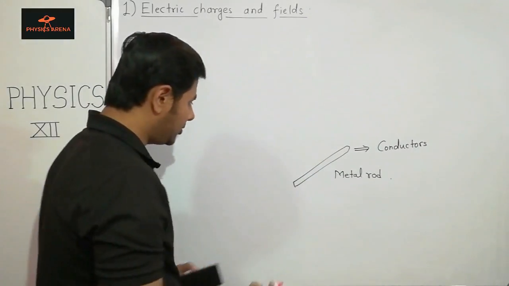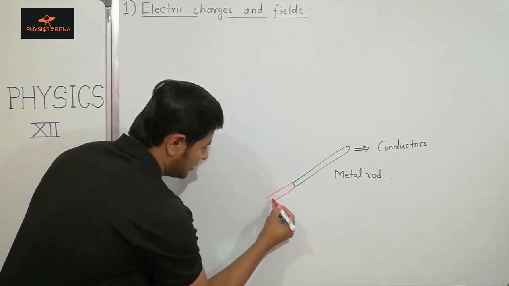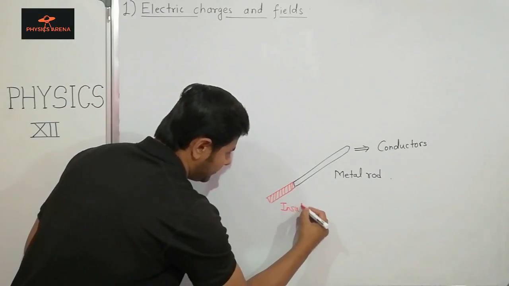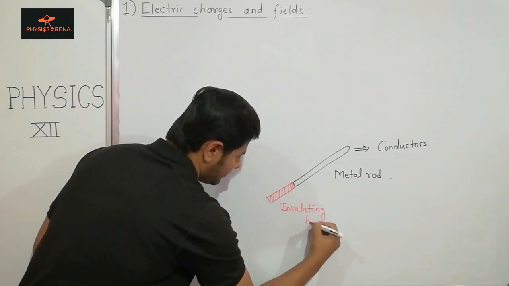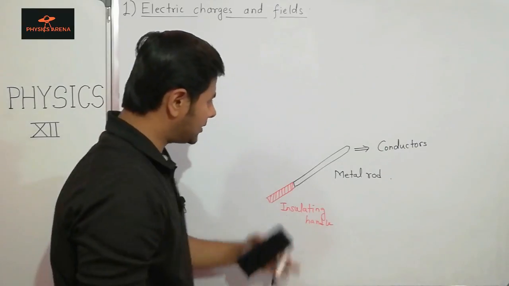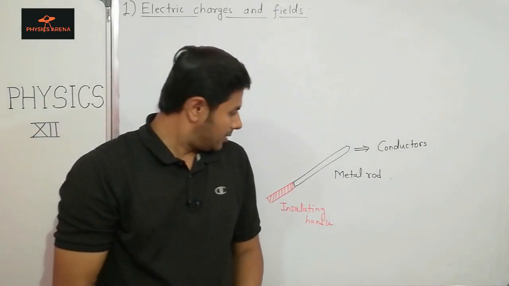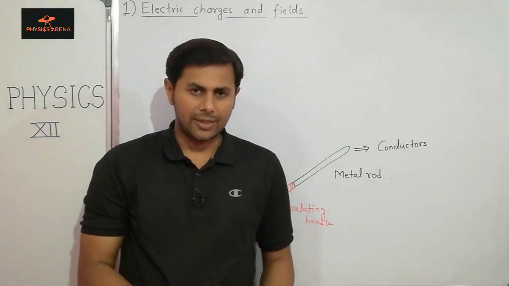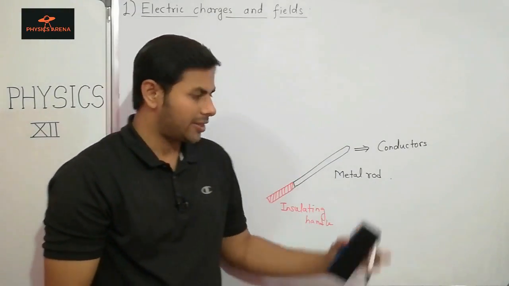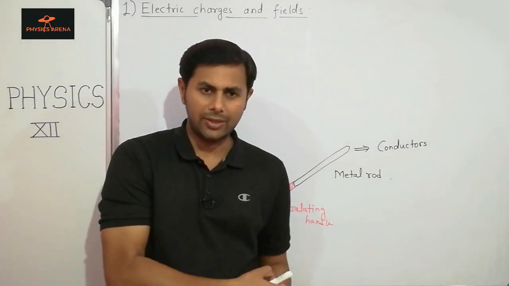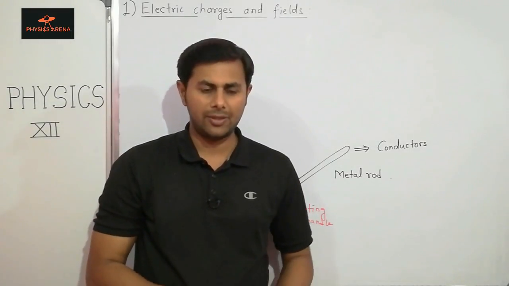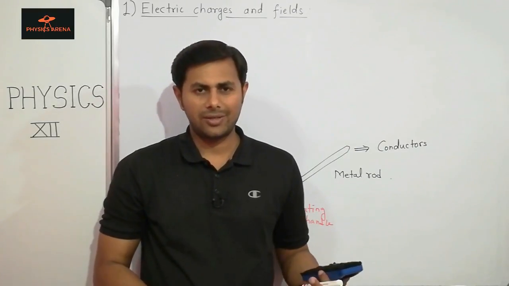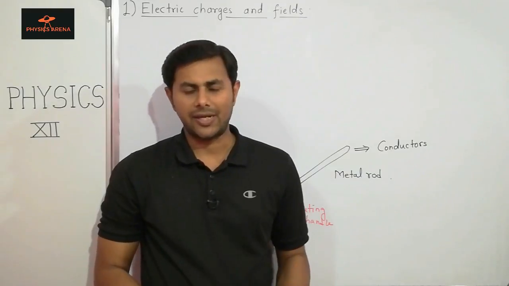But if we use some insulating handle, so this is an insulating handle, maybe glass, plastic or something, and suppose we take care that our hand does not come in contact with the metal rod, we hold the handle only and do the experiment, rub the metal rod with wool or animal fur, then it will get charged.